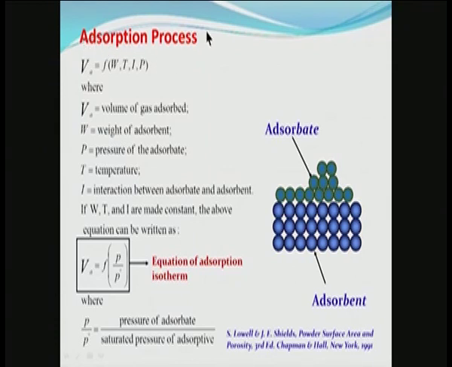Now, as one can readily see, the volume of the gas or vapor or the adsorbate that is adsorbed onto a surface or into a pore would be a function of the weight of the adsorbent, that is how much of the solid that there is. It would depend on the temperature.